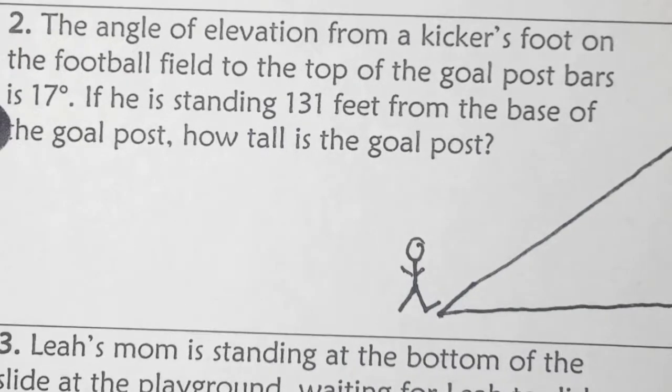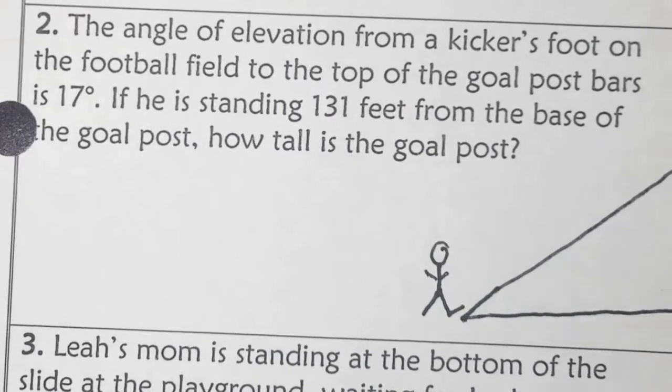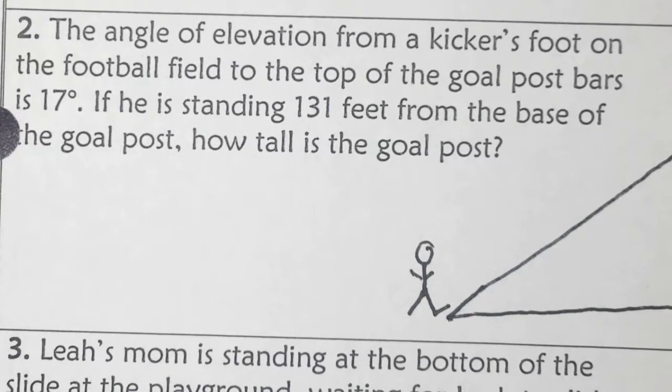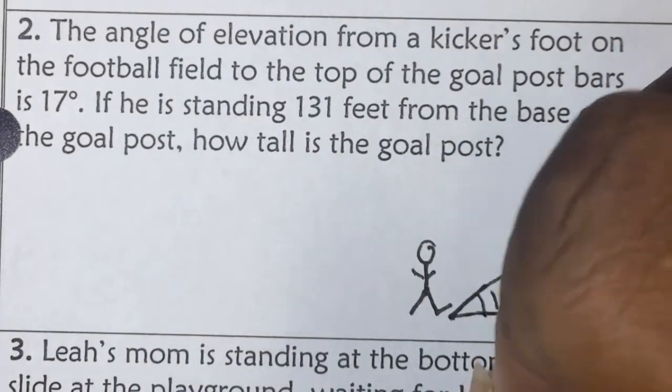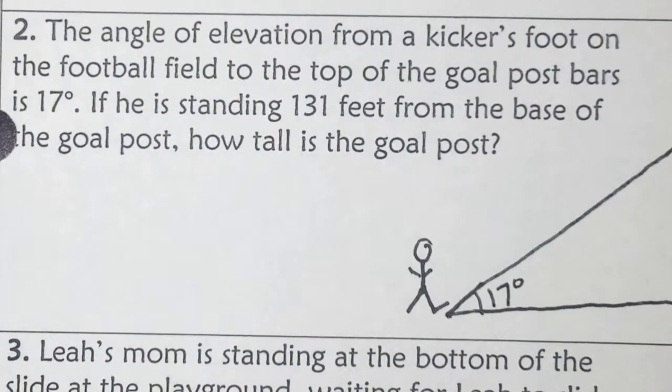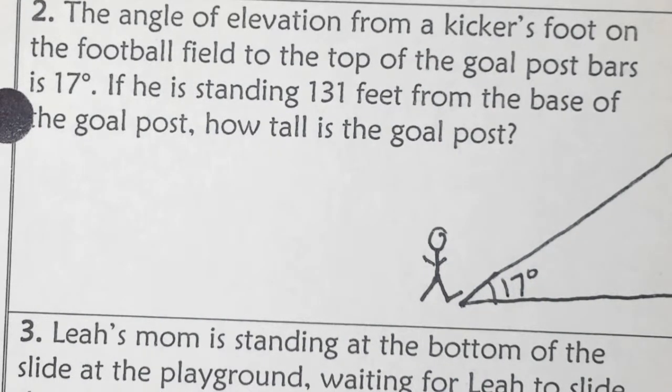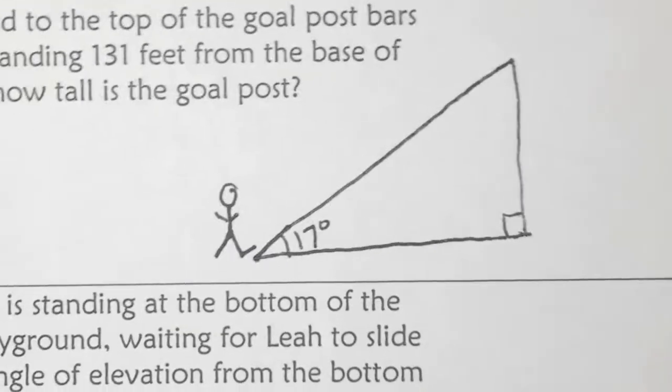So, alright, drew my triangle, got my little kicker down there. It's kicking the football, just to the top of a goalpost. The angle is at 17 degrees. It says he's standing 131 feet from the base of the goalpost. Where does 131 go, Elijah?